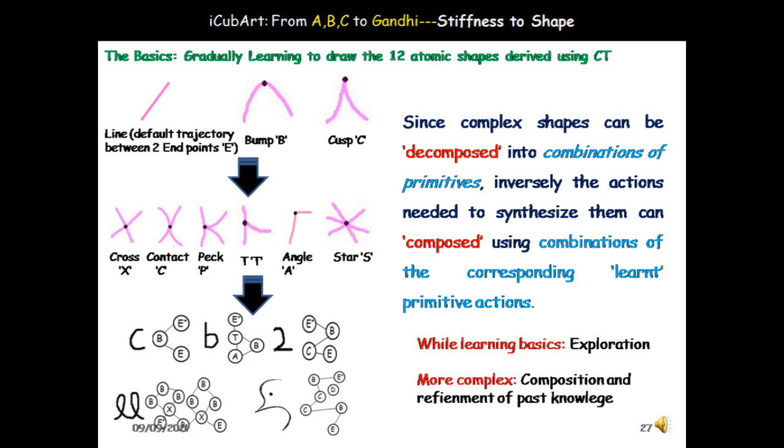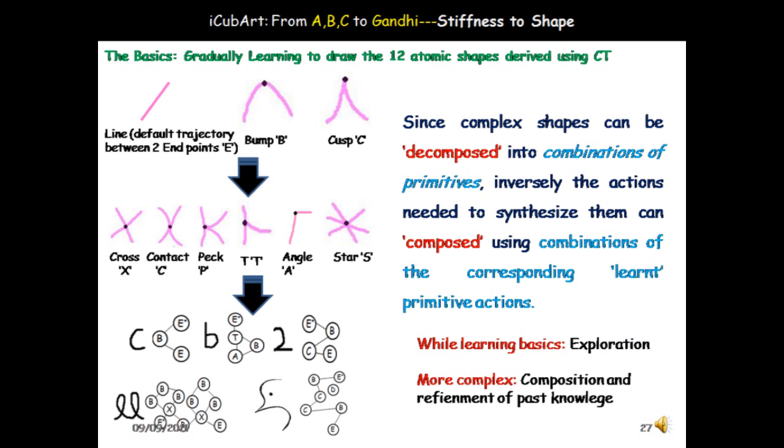While we move to more complex shapes, the basic idea is that since complex shapes can be decomposed perceptually into combinations of primitives, inversely the actions needed to synthesize them can be composed using combinations of the corresponding learnt primitive actions. Once I learn to generate a line, bump and cusp, I can generate a cross or a contact or a peck. If I learn to generate all these things, I can generate a random shape or a pencil sketch and so on, using the previously learned knowledge.